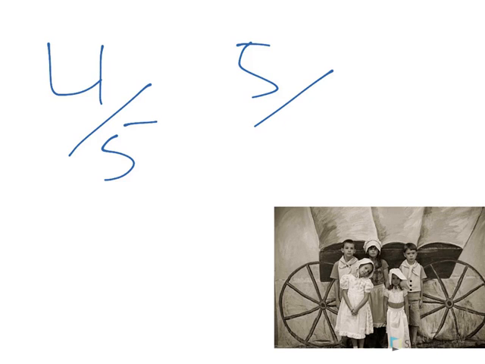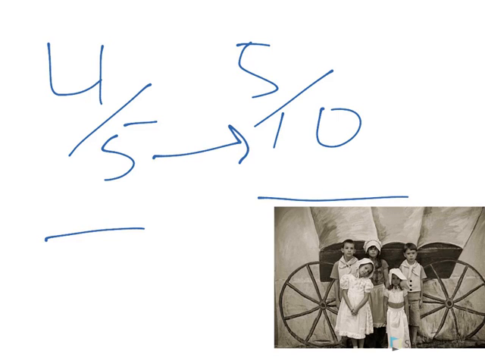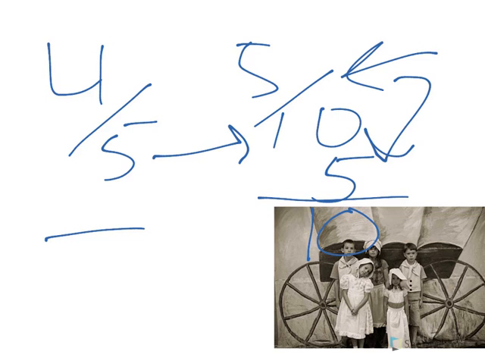Now once again, you're going to come to fractions like 4/5 and 5/10. I want to know if they're equivalent. Remember the rule. The first thing I'm going to do is say, does 5 go into 10? Yes, 5 times something can give me 10. So I'm just going to keep 5/10 down there. I don't have to do anything but bring that down.